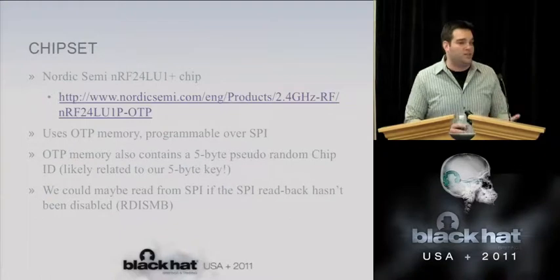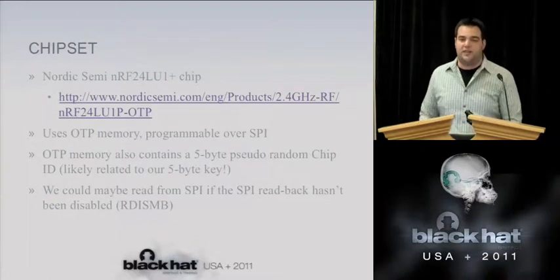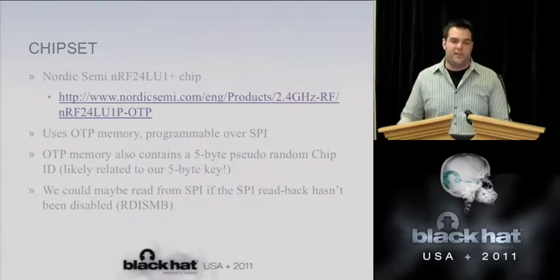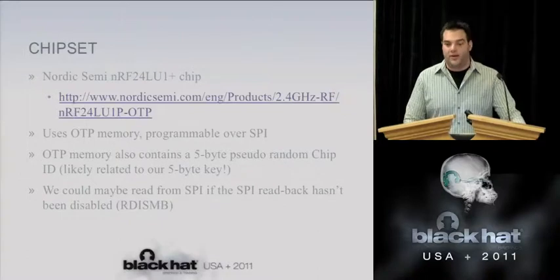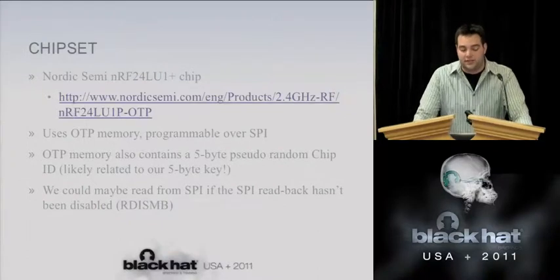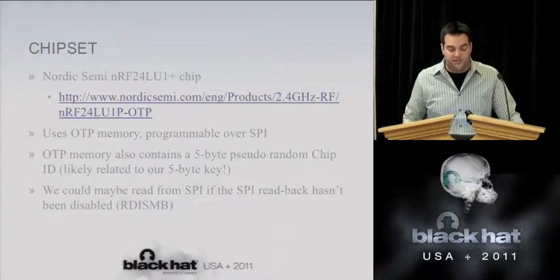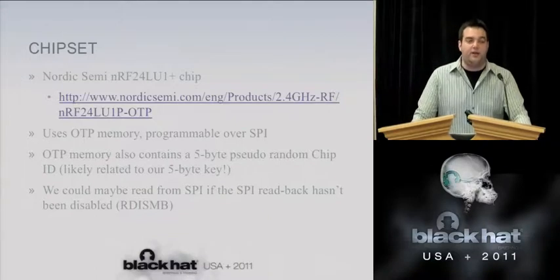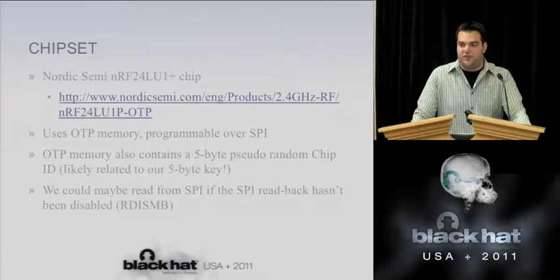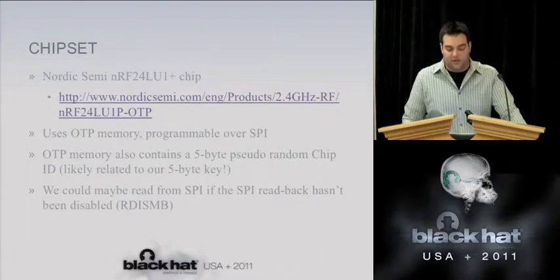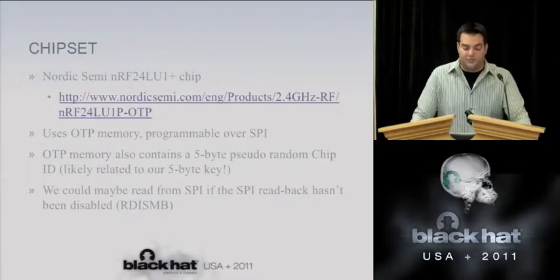So again, assuming we've physically compromised this device, there's nothing preventing us from grabbing that device, breaking it open, reading this off the SPI bus, unless there is actually a feature on the one-time programmable memory to disable any readback over the SPI bus. So really, the next step for investigation is to look at that SPI bus, and make sure that specific one-time programmable setting has been burnt to prevent that.